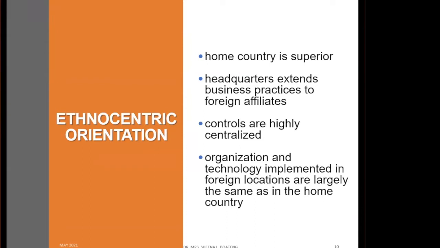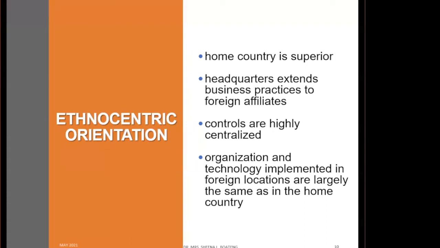So you realize that for ethnocentric oriented organizations, we see some of them in our current context, everything must come from the home country, including stationery that is used in the office, furniture, interior decor. Everything must be brought from the home country as is to the foreign affiliates because they do not trust anything that is not from the home country.